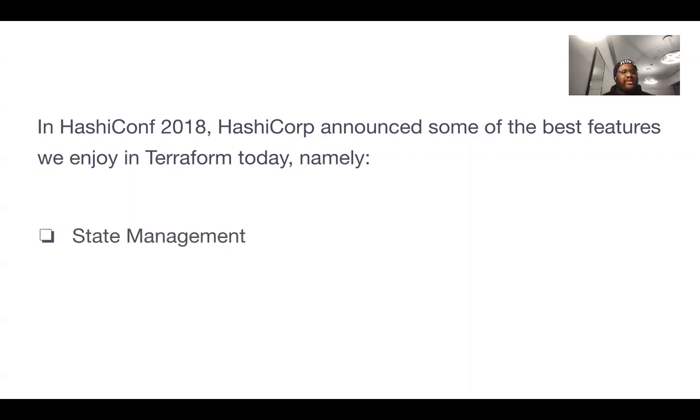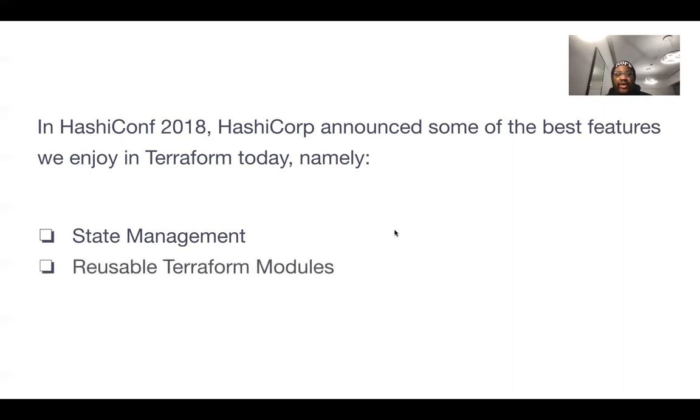What state management means is that now one or more developers can work on a single Terraform codebase or repository. So you don't have to worry about having issues with your deployment, or whether this infrastructure works, or sharing data across different providers. As long as you have a state and you have it in a remote bucket or a place where you store it, you can actually work on the code together.